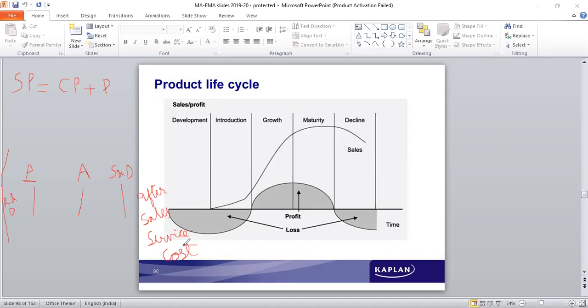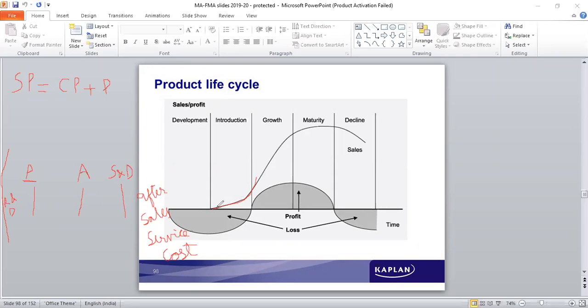So here it talks about starting with the introduction stage. From the introduction stage onwards, it keeps rising. Initially, when the product is introduced, at the introduction stage, a very small number of units are sold.